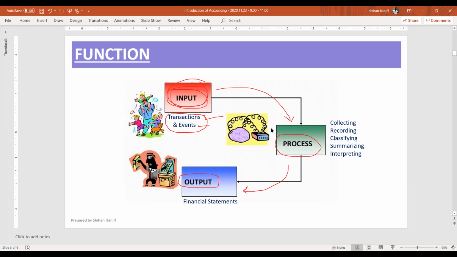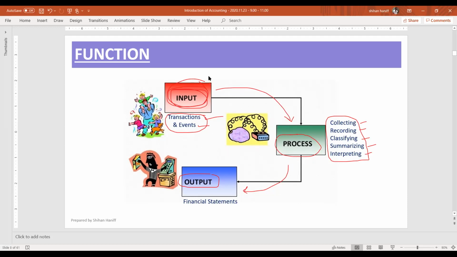Then there is a process. What is the process? Collecting, recording, classifying, summarizing, and interpreting. This is the accounting process, a separate chapter I will explain.